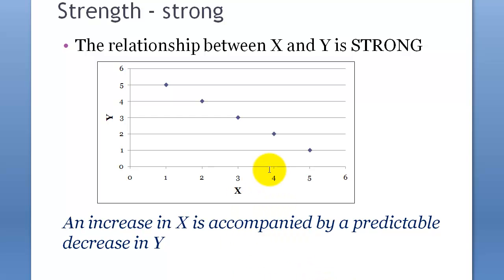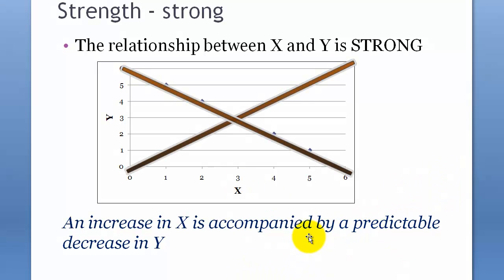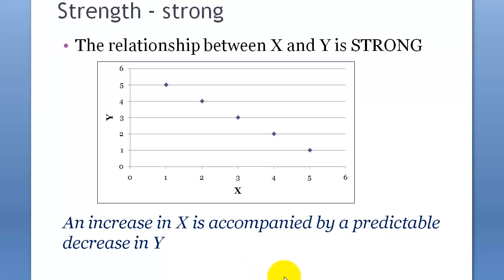For that matter, I think the strongest relationship is just going right in the middle, this way or that way. In other words, the strongest relationship between two variables in terms of slope will be when the slope is 1. That's what I think.